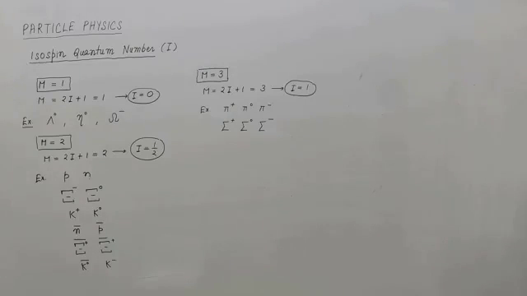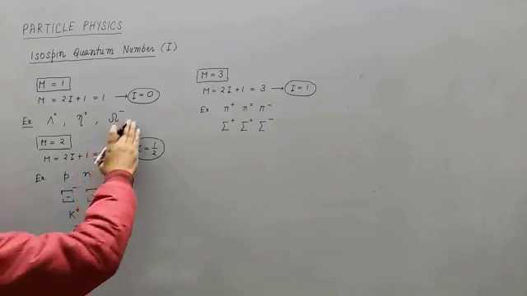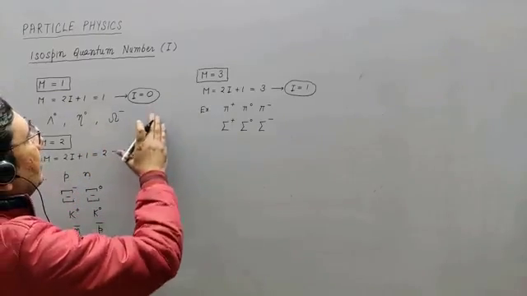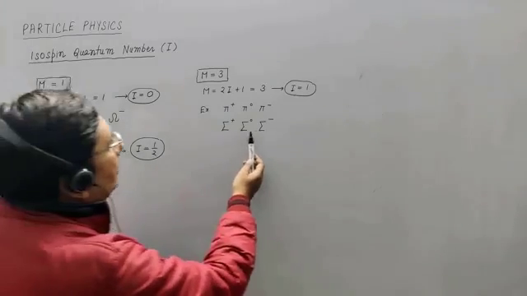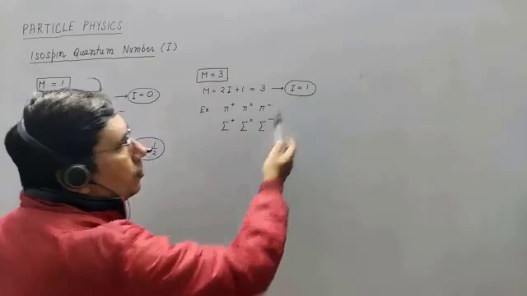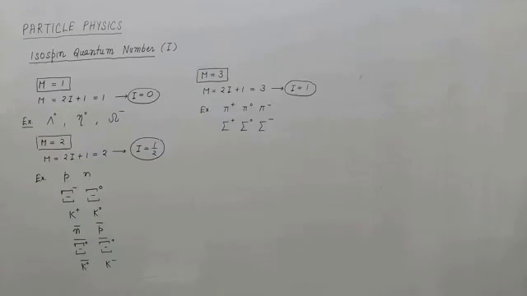So basically these are different examples having different isospin numbers. Now for all these 3 particles I is equal to 1. Then how will you differentiate between these particles? Because in case of electromagnetic interaction, these three particles will start behaving differently.